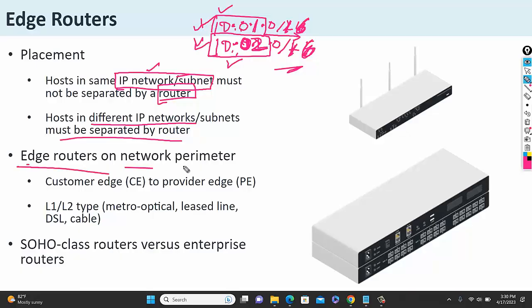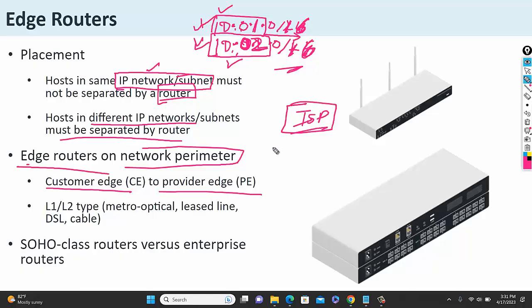So for edge routers on the network perimeter, two types are used. One is a customer edge router, another is a provider edge router. If a router exists in an ISP or service provider and is used as an edge router by the ISP, it is known as a provider edge.